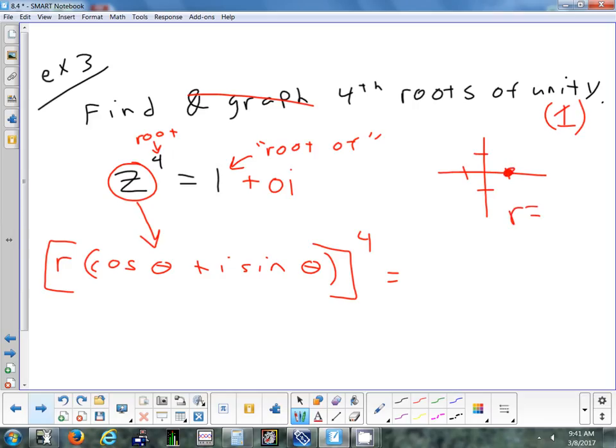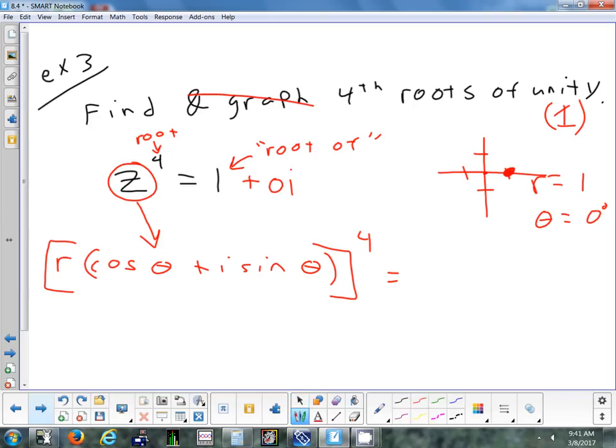What's my radius from here to the origin? 1. I don't even need to use the Pythagorean theorem because the imaginary part was a 0. If the imaginary part wasn't 0, then I'd use the Pythagorean theorem to figure it out. And now my angle, normally I do inverse tangent of y over x. 0. But I'm on the x-axis, so what's my angle? 0. Okay.